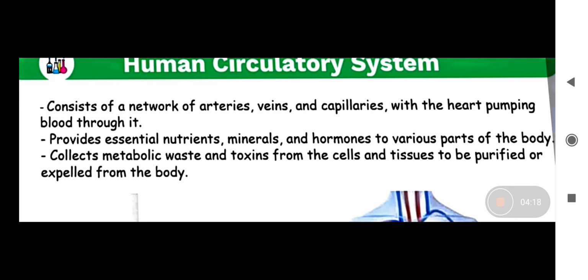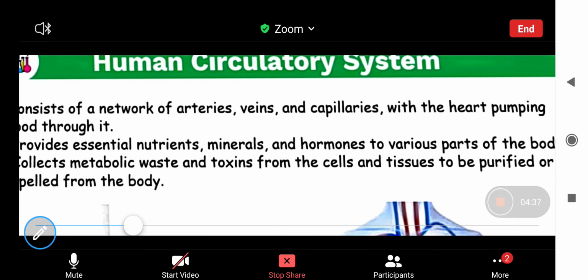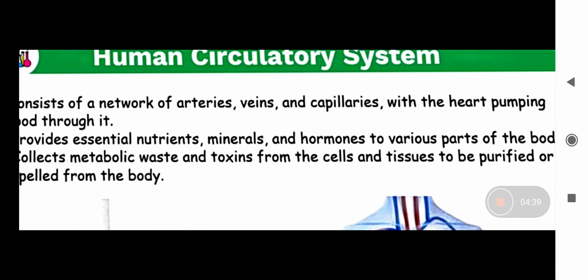Human circulatory system. In humans, a liquid always circulates within narrow tubes or channels throughout the body, and this liquid is called blood.